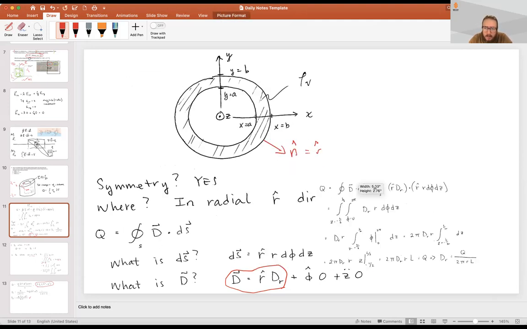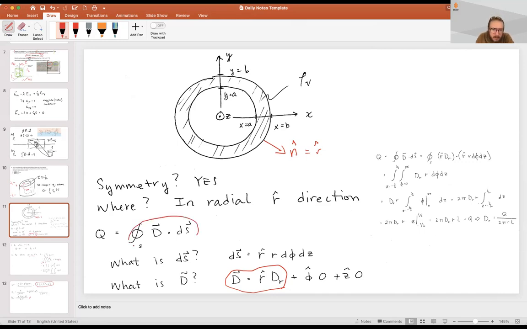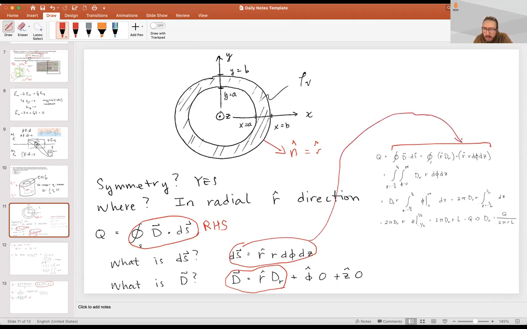That's what this step is on the homework, or on the practice solution. This is the right-hand side. And we solve this part of the solution, right? We figured out the ds and we figured out the d. So we took the ds and put it in here, took this d, put it in here, and use those same limits.